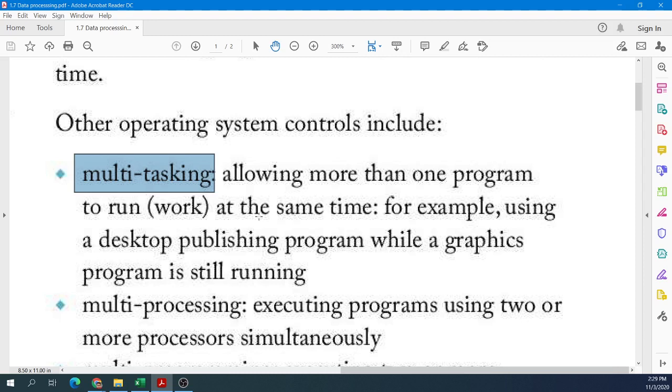That was one of the features of the operating system we looked at last week. So when the operating system schedules each program to use the CPU, that is referred to as multitasking. We're allowed to use multiple programs at the same time. They're running at the same time.